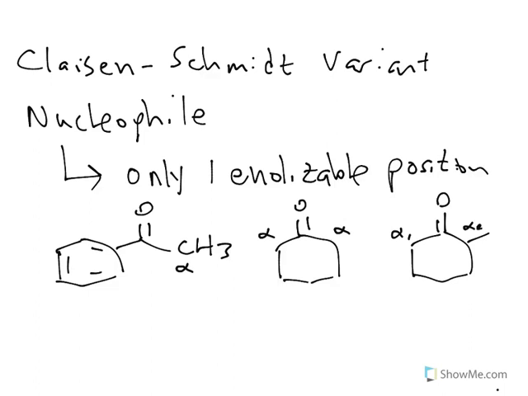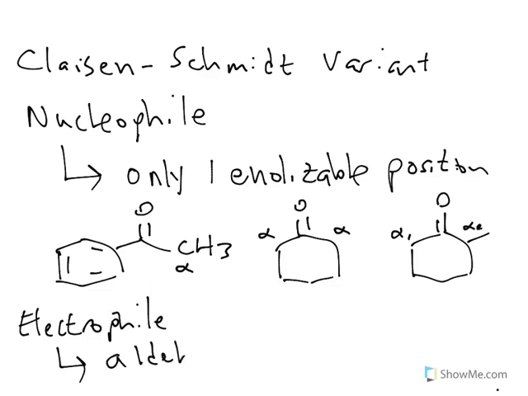And the other guy we need in this reaction is the electrophile. And the electrophile needs to be an aldehyde. Those are the most electrophilic of the carbonyl-containing compounds that are used in this reaction. So we like aldehydes.